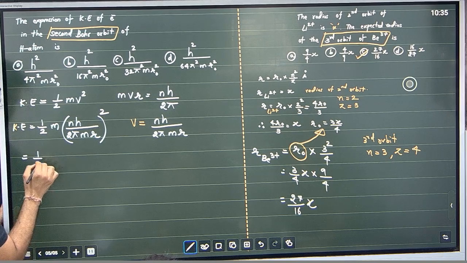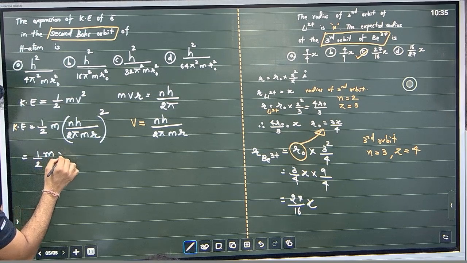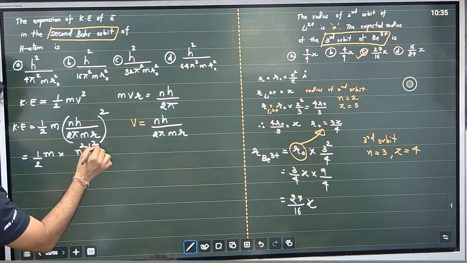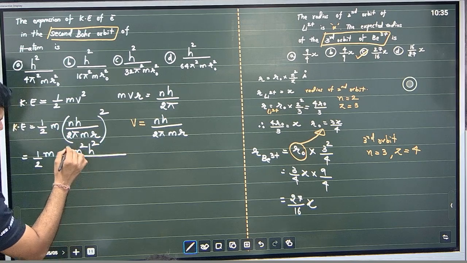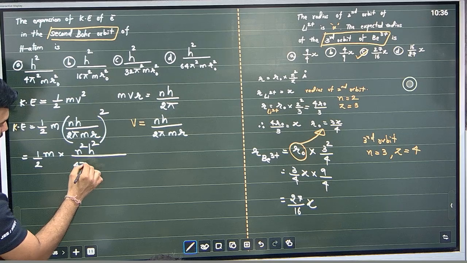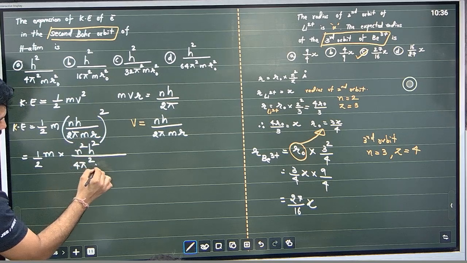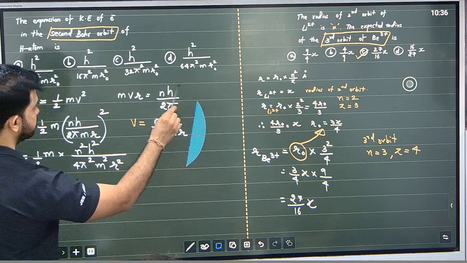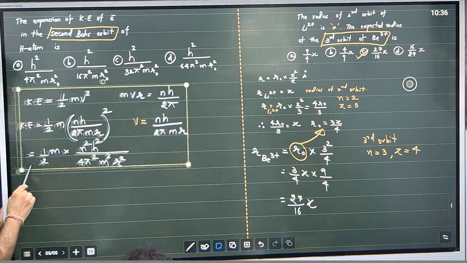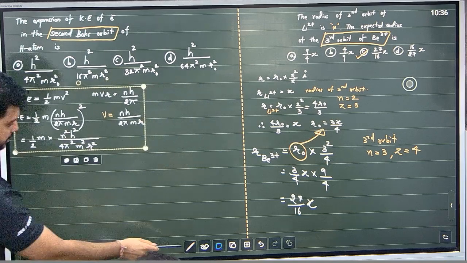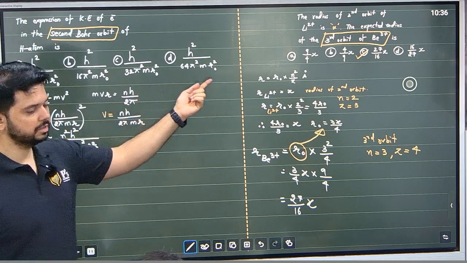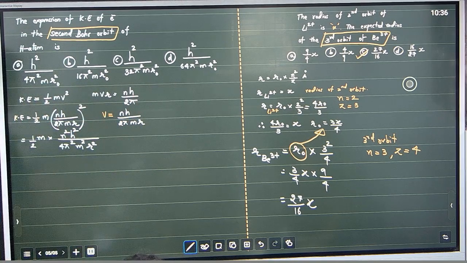Half m n square h square upon 4 pi square m square r square. We are coming close. Now my formula here is r, but in the options they are looking for r naught. How do we link r and r naught?